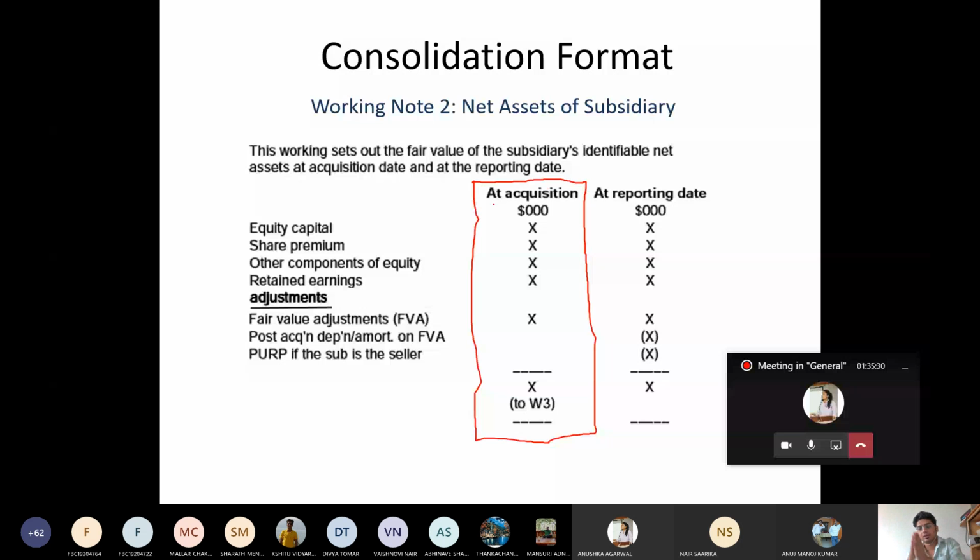From acquisition to the reporting date, how much profit and loss came, I will get that amount from the difference of these two. So when I take the difference, I'll get the post-acquisition profit or losses. Now tell me, what should we do with these post-acquisition profits and losses?